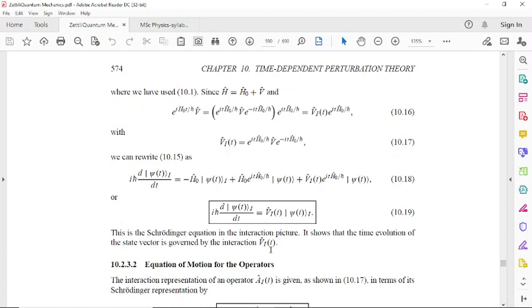This is the Schrodinger equation in the interaction picture. It shows that the time evolution of the state vector is governed by the interaction potential.